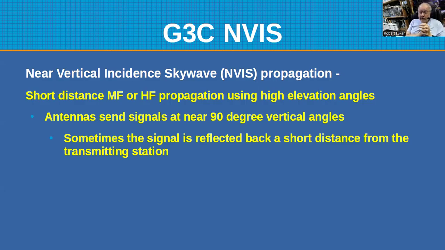If you lower it down to about a tenth of a wavelength above the ground, the envelope of your pattern is going to be a big dome shape, so your signal is going to be mostly vertical. That's one of the ways you do NVIS.